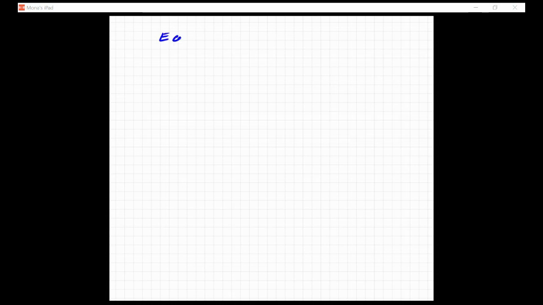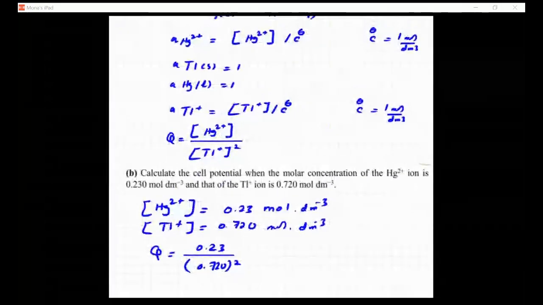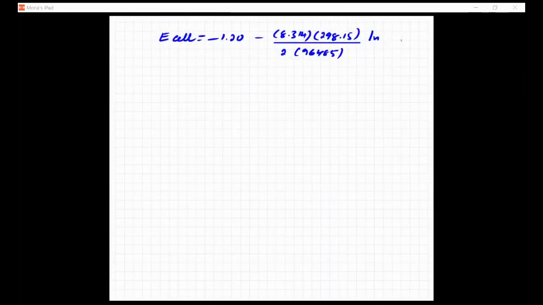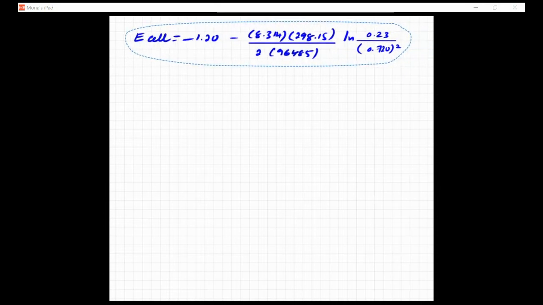So E cell equals E cell standard, which is minus 1.20, minus R, which is 8.314, times T, which is 298.15, over nu, which is 2, times F, 96485, and then Q, which we have just written here. So you can put it there and calculate. This is the equation that you can use to calculate the potential.